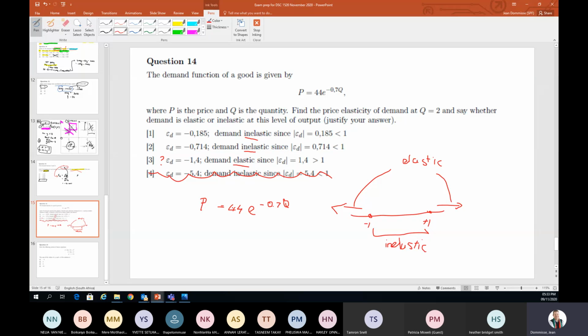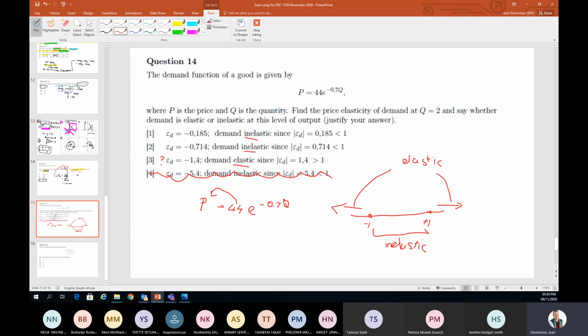So you say take the 44 to that side, so divide on both sides by 44. Okay, the math solver will not fix that one for us.